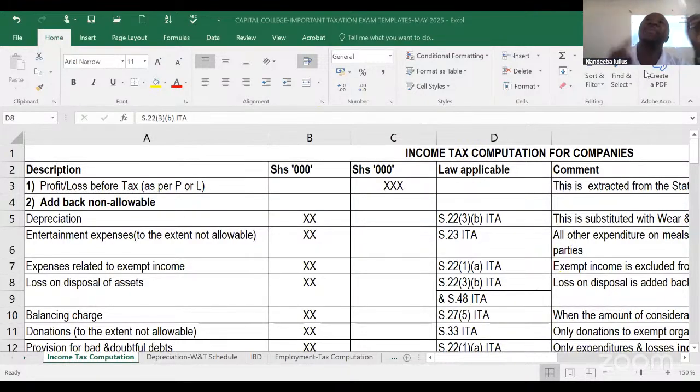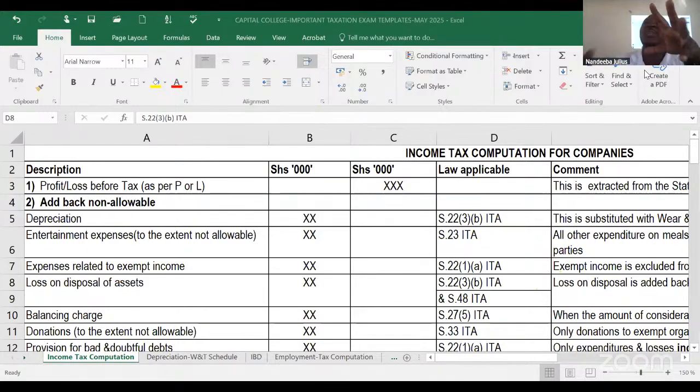Together with farming, I now cross to the financial industry. I say the common item under the financial industry is the specific provisions for bad debts. Now, under the financial industry, we have what we call general provisions and specific provisions.